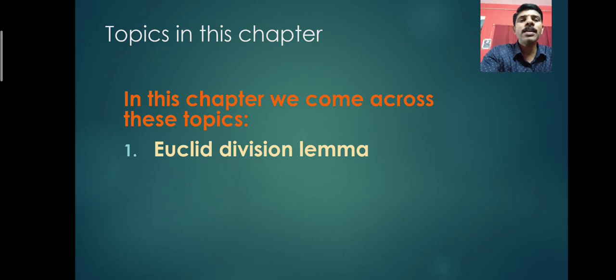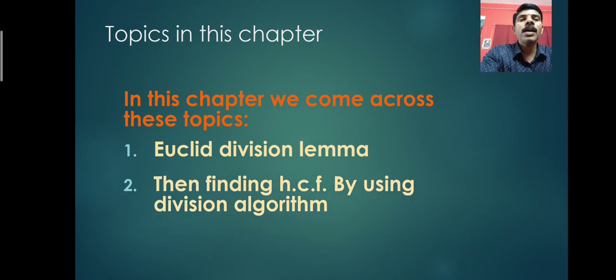Euclid division lemma is nothing but the division rule which we have learned in the lower classes from the beginning of division. By using the division lemma, we find the HCF of different positive integers.